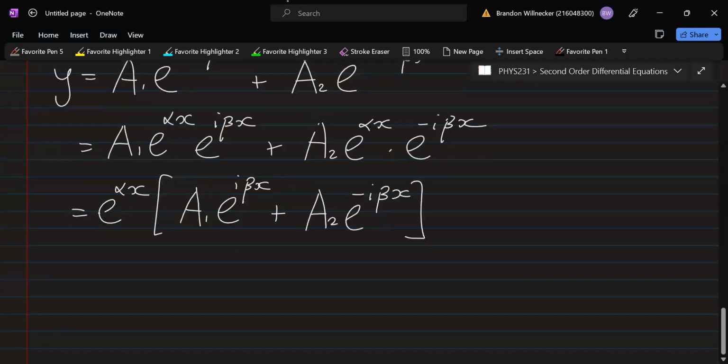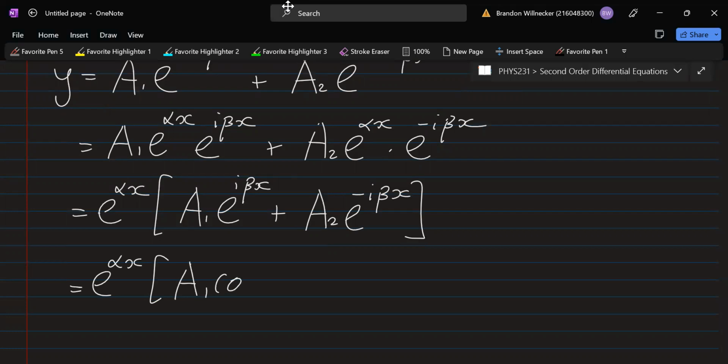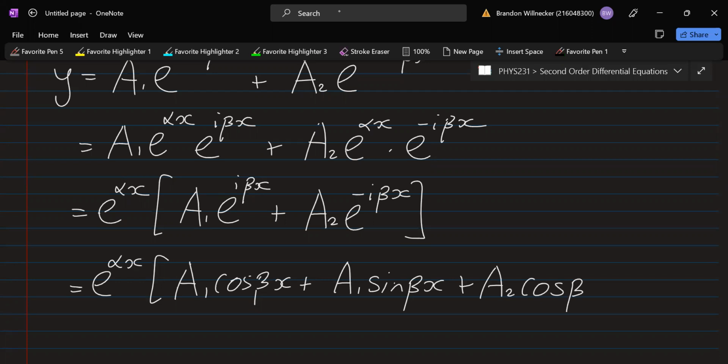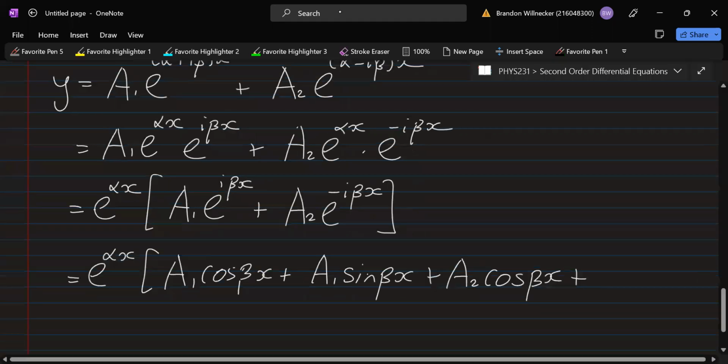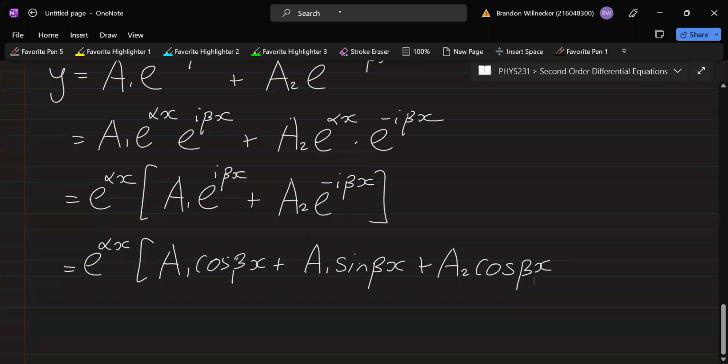Now we can use Euler's formula to write those two terms in terms of sine and cosine, which is a bit easier to work with. So we have e to the alpha x times (a1 cos beta x plus a1 i sine beta x plus a2 cos beta x minus a2 i sine beta x).